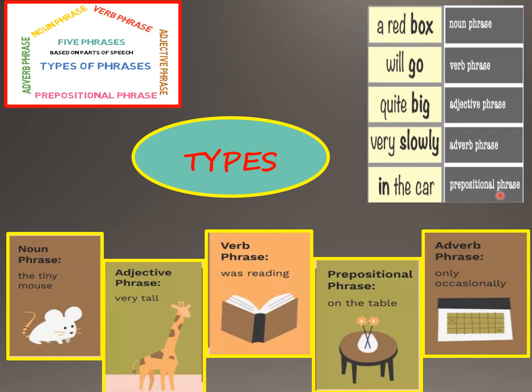In the car is a prepositional phrase because in is a preposition which forms this phrase. So what I am trying to convey to you is that the type of phrase is decided by the head word in every phrase. Let's go on to the next slide.